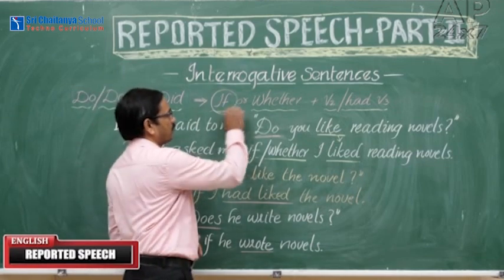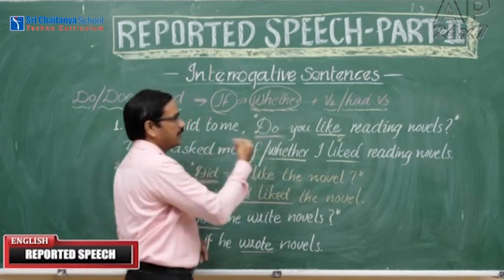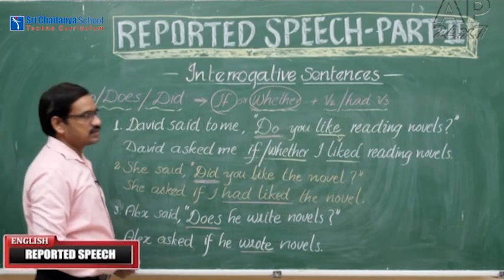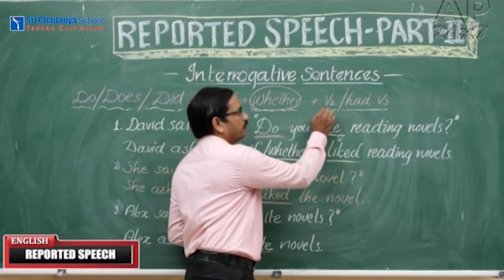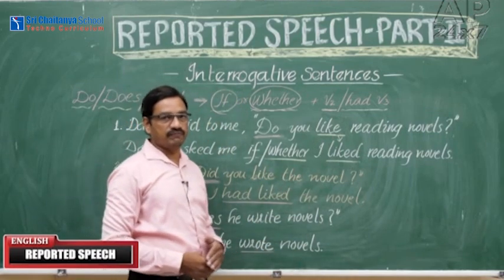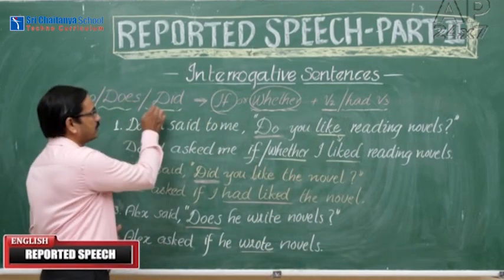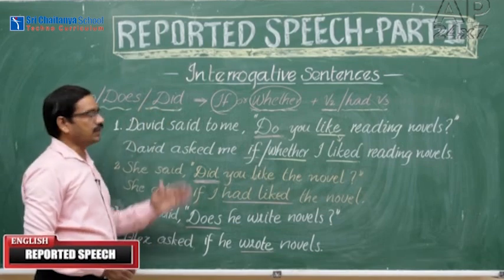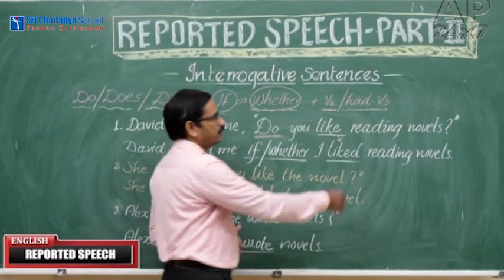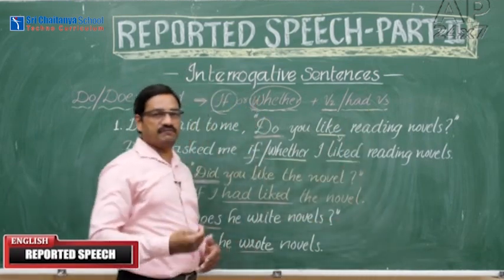We can use either one of these, if or whether, in the indirect form. And do, does questions will take the V2 form in the indirect speech. That means V1 will change into V2 form. And did questions, that is past tense, obviously will be turned into had V3, past perfect form.